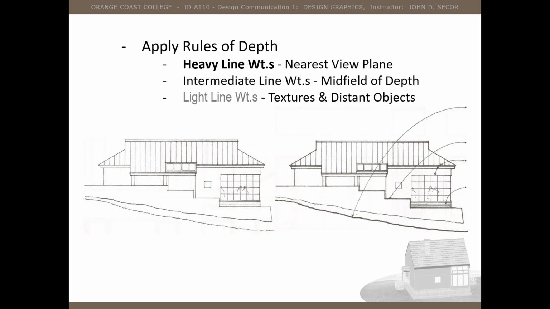The rules of depth that come into play are very simple: the heavy lines are those closest to us, the light lines are the ones furthest away, and the intermediate ones are somewhere in the middle. You can see the drawing on the left has very little line weight applied to it. But on the right side, you can see far more delineation, more description, just by the application of those line weights.